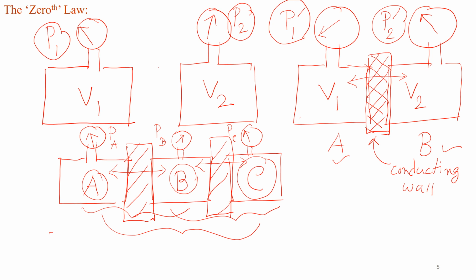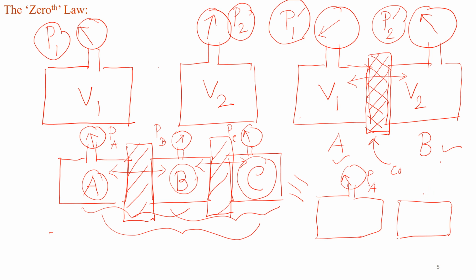What it means conceptually is that this is equivalent to drawing that system A and system C are also in thermal equilibrium, although they are not directly connected through a thermally conducting wall.